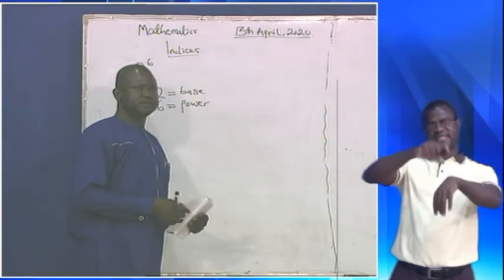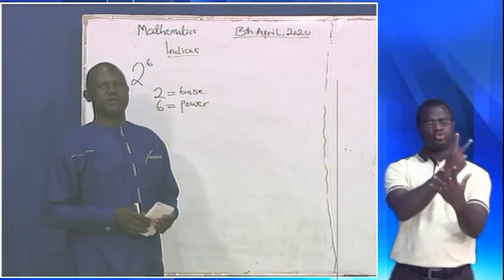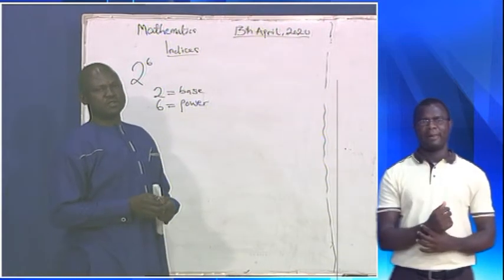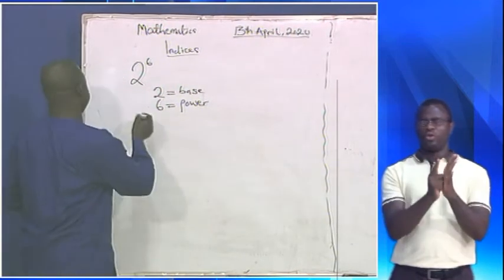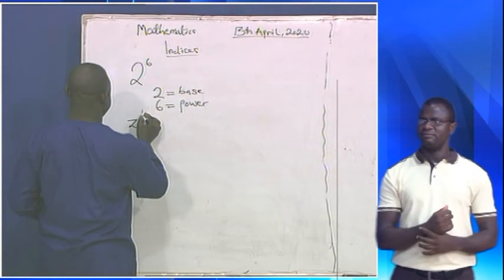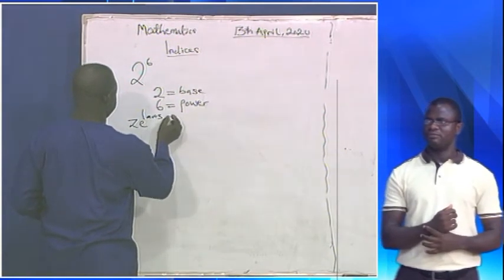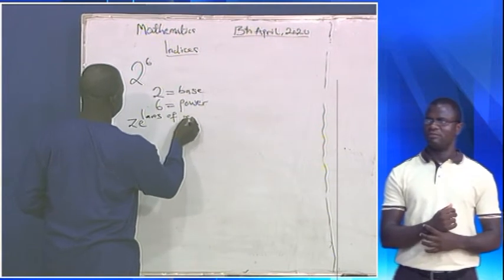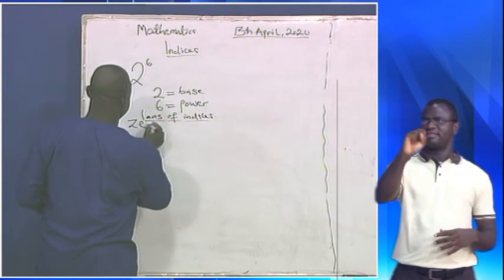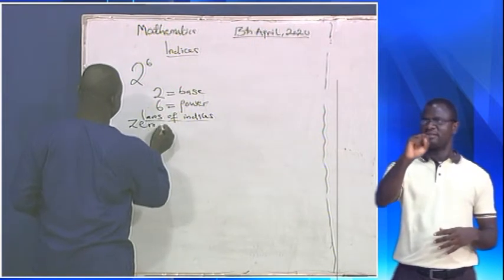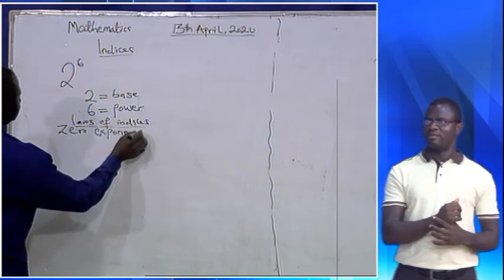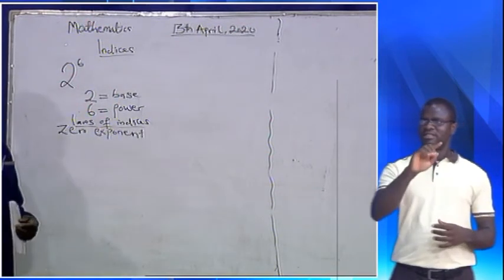Now, going to the laws of indices, the first one I want us to look at is the zero exponent.